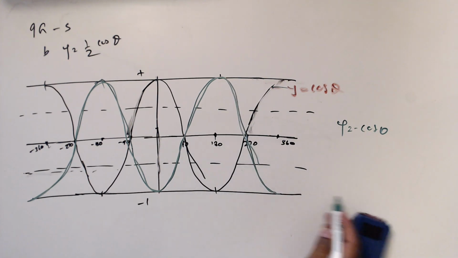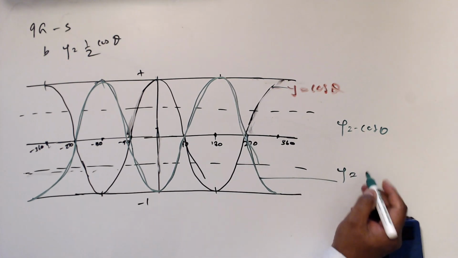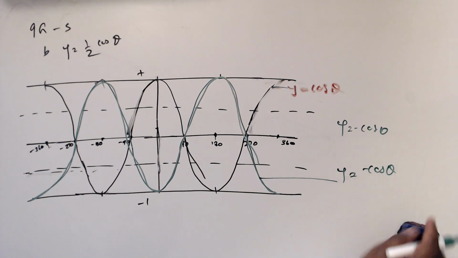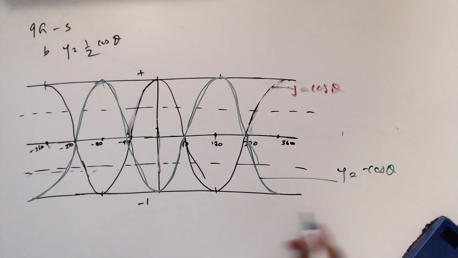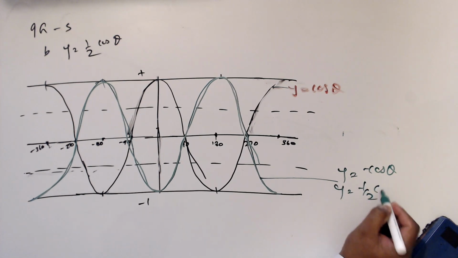So this is y equals minus cos theta. Now I want to make y equals minus half cos theta.